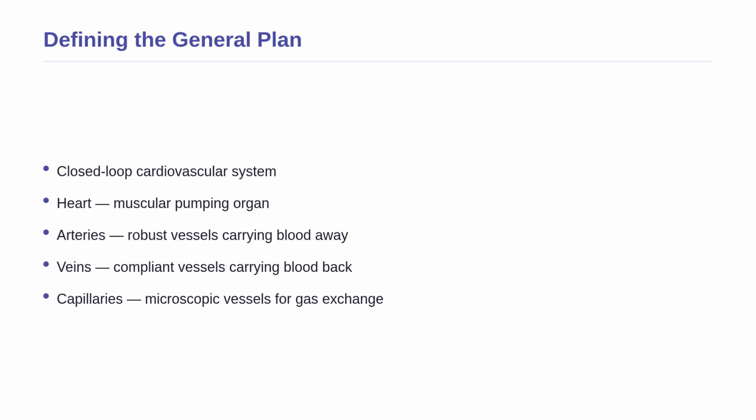Since we know why we need bulk flow, let us look at the actual biological structures that make it happen. In comparative anatomy, the general plan of circulation refers to the closed-loop cardiovascular system found universally across all vertebrates.